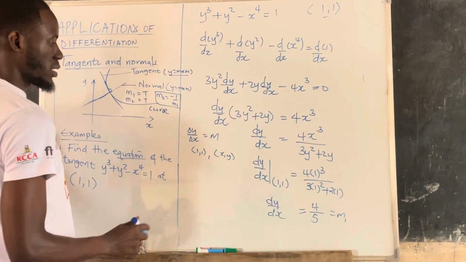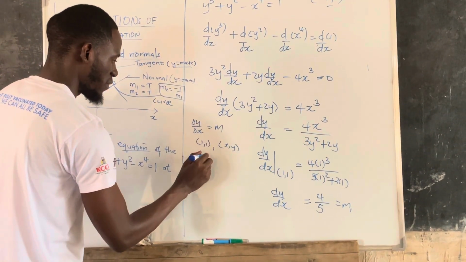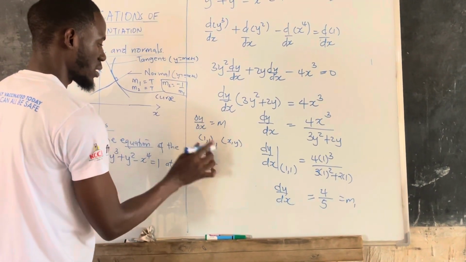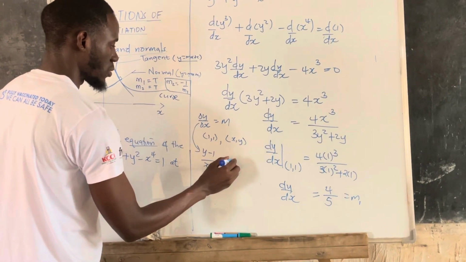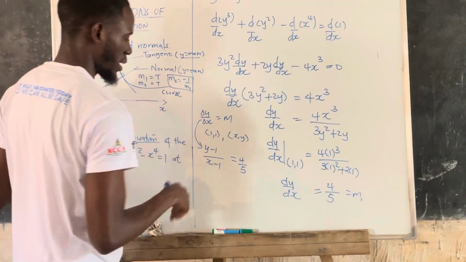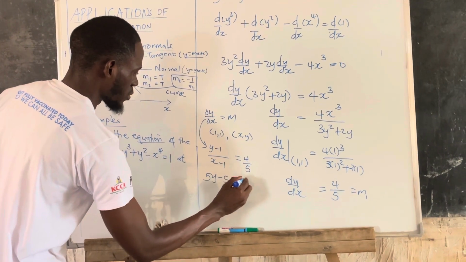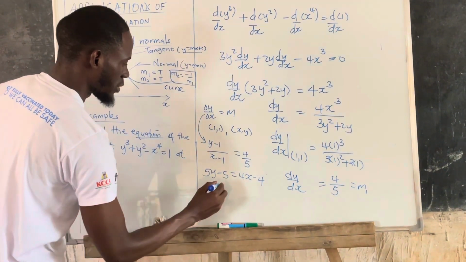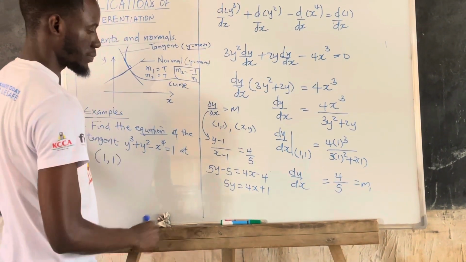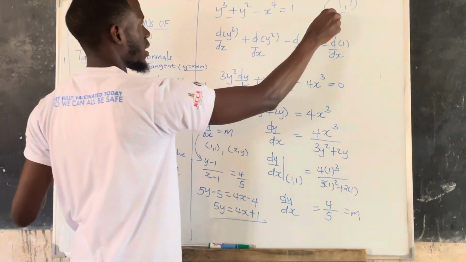So change in y by change in x is y minus 1 over x minus 1. I'm substituting for this. This is equal to m, which we have as 4 over 5. When I cross multiply, I'll have 5y minus 5 being equal to 4x minus 4, such that 5y is equal to 4x plus 1. So this is the equation of the tangent to this curve at that point.